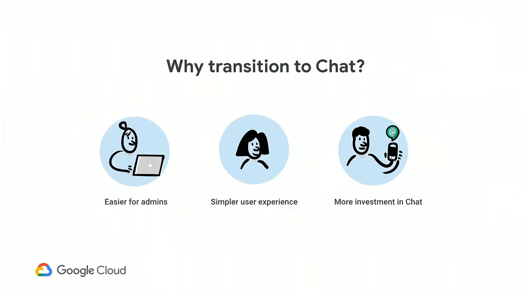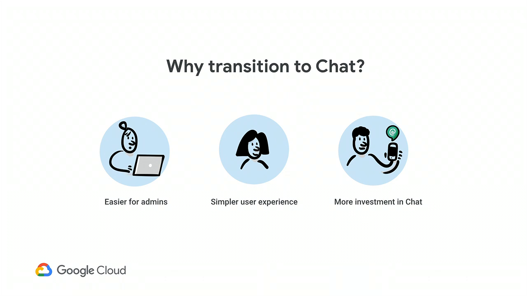So to start off, I just want to remind everyone about why we're transitioning to chat and why it's beneficial for everyone. So for admins, this means less overhead and management. Instead of having to keep track of 2 products with 2 different settings and policies, you now have to worry about just one. So it makes your lives easier.